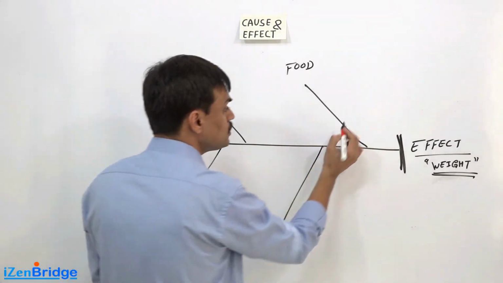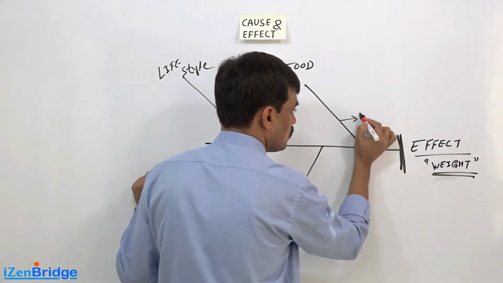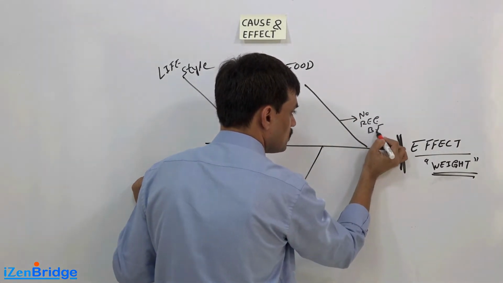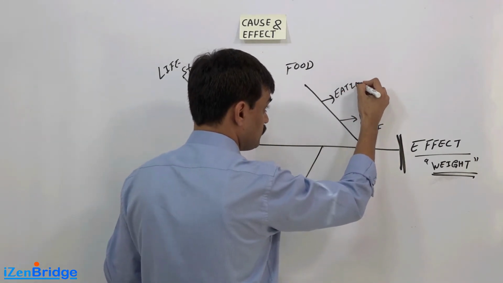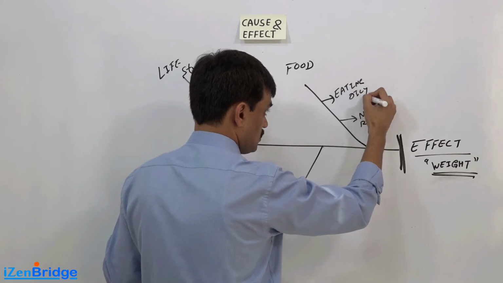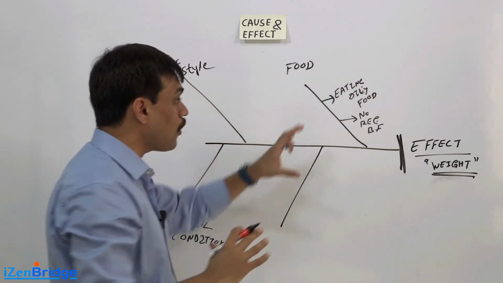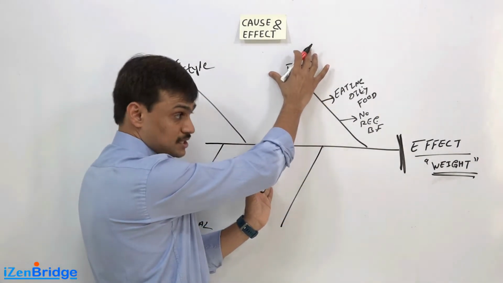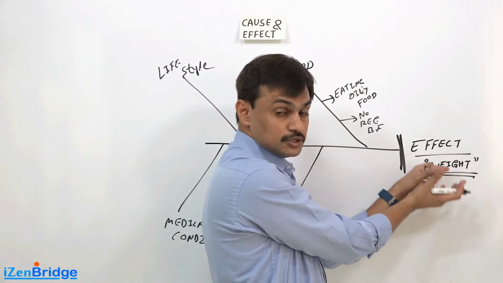And inside the food, you have other observations, say no regular breakfast, or you may talk about eating spicy, eating oily food. So these kinds of causes you are figuring out, which can be categorized under the food section, are producing an effect of increasing your weight.